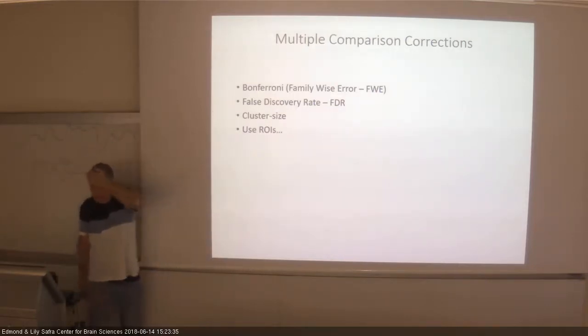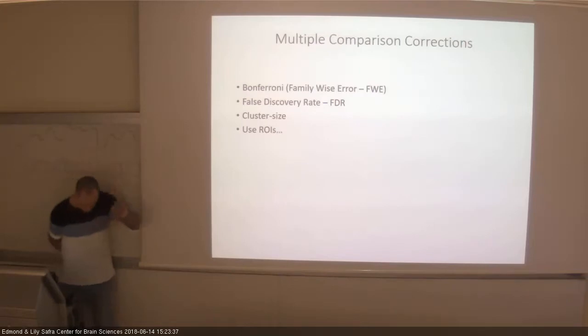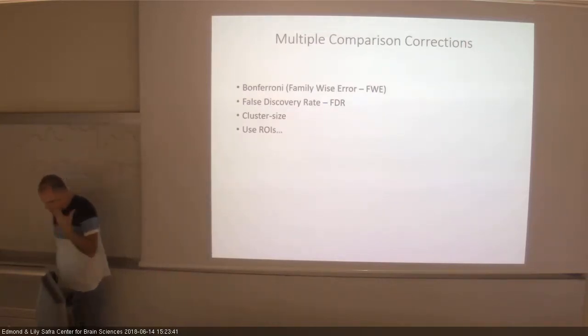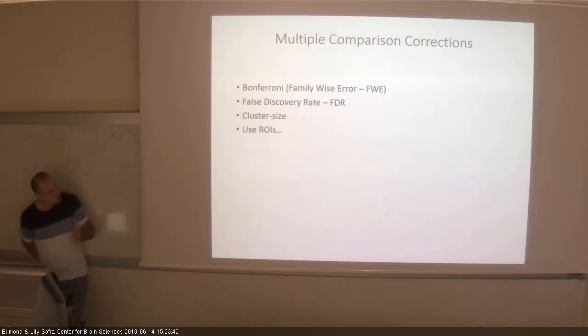some cluster size correction, and this cluster size is some kind of Monte Carlo optimization process. Again, we're not going into that, but the idea is that you remove clusters that are under a certain size.